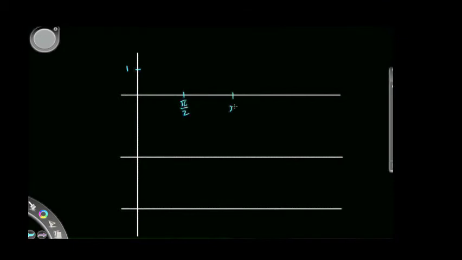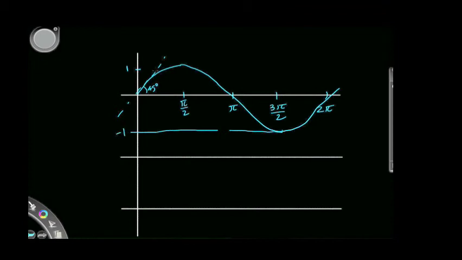Pi by 2, pi, 3 pi by 2, and 2 pi. Now we don't write these in degrees because pi is a number. Pi represents numbers with no dimensions, but degrees you cannot write here. So the graph goes like this. This is minus 1, and this is plus 1.